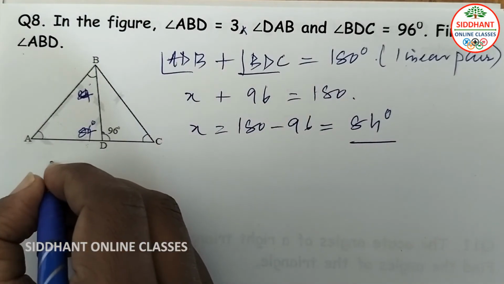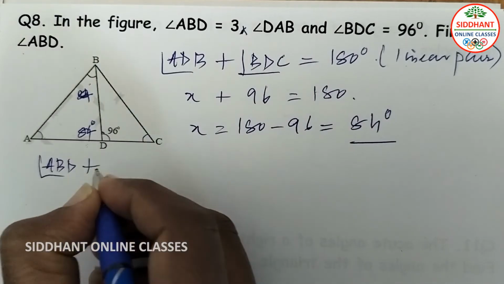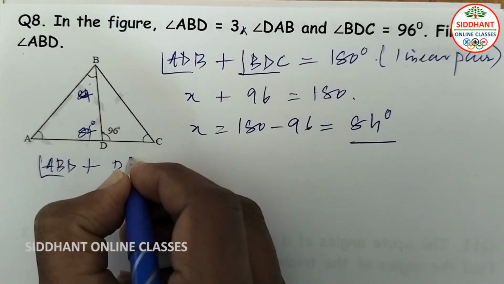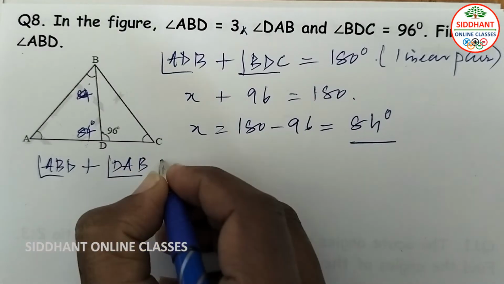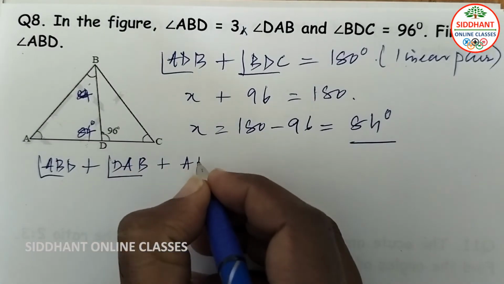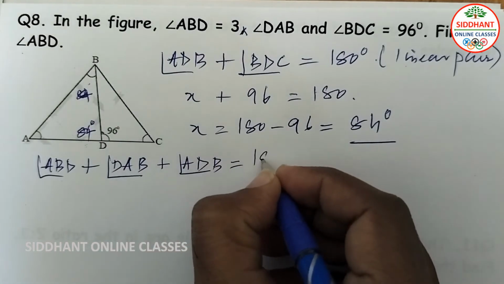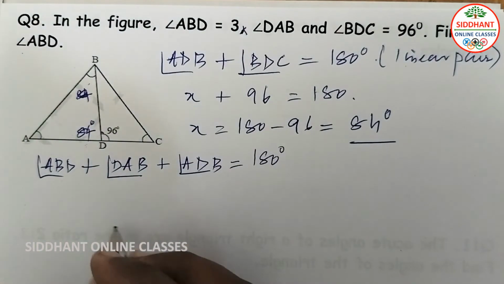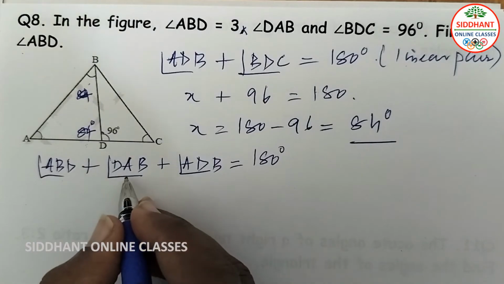So now ABD angle plus DAB angle plus ADB angle, the sum of angles is equal to 180 degrees here. In the data given, ABD is 3 times DAB.